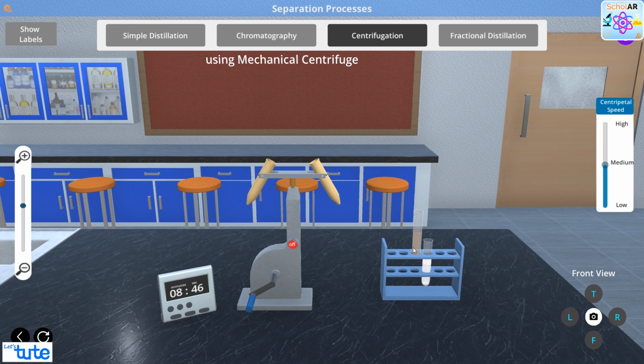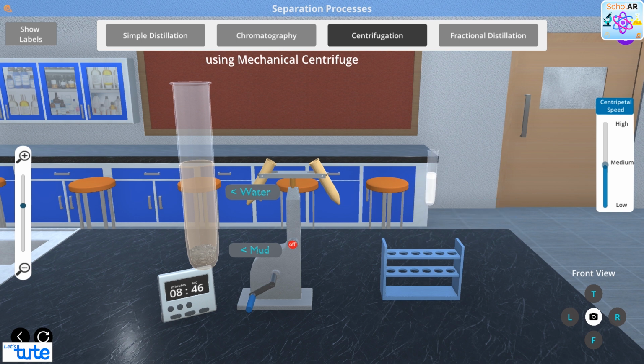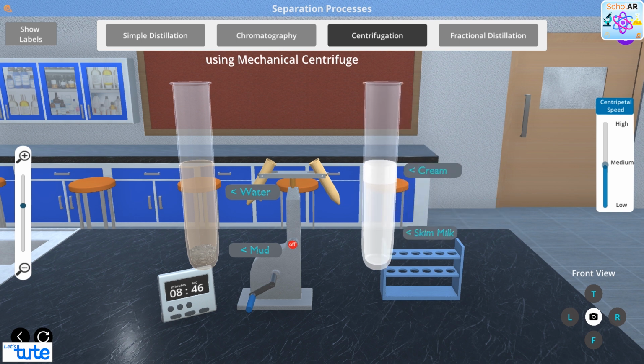After the timer has stopped, the two tubes are removed, and on closer inspection, we see that both our solutions have separated into their respective constituents. In the case of muddy water, the mud being heavier has settled down, leaving water on the top, and in the case of milk, we can see that the cream, being the lighter constituent, has settled on the top, leaving us with the skimmed milk at the bottom.